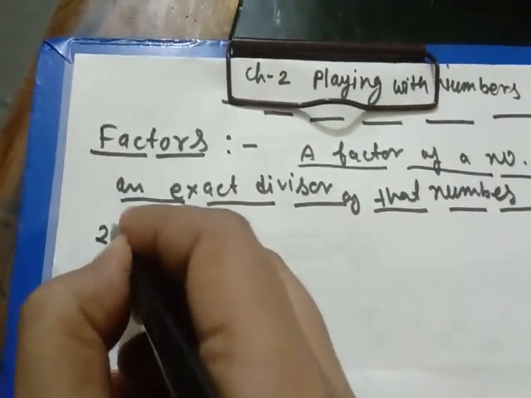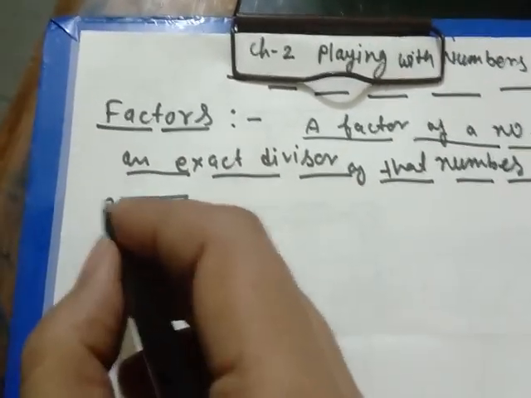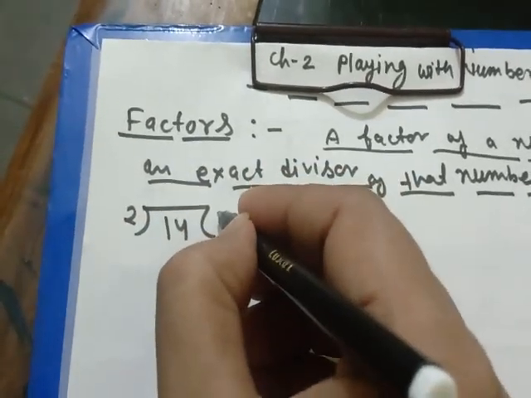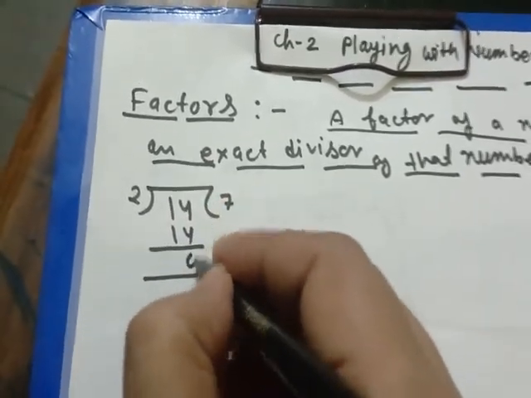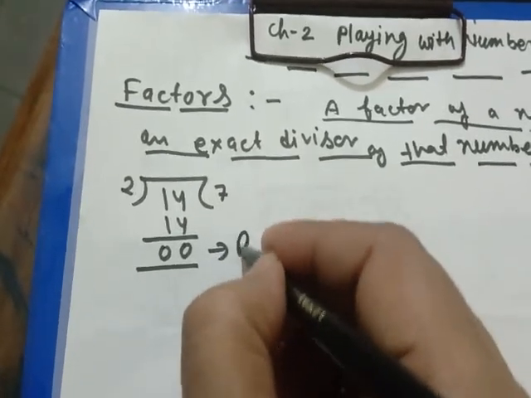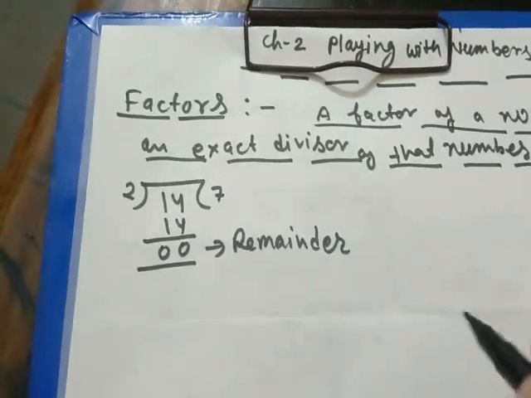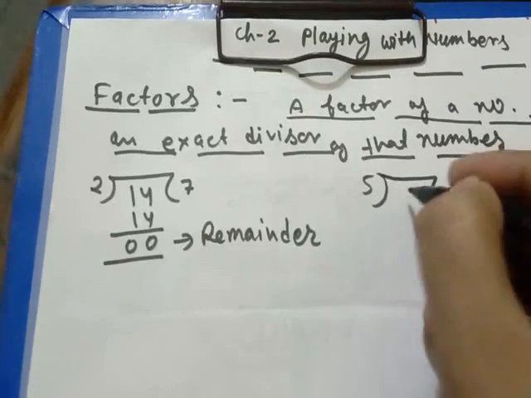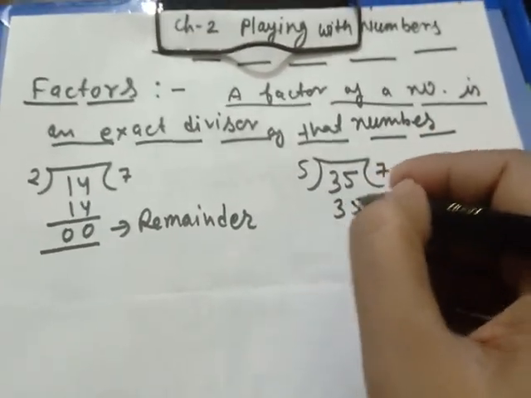Suppose that I have taken this number and this is divisor, this is quotient. Now divide the number 2 7 ja 14. You can see after subtraction we have remainder 0. This is remainder. Again taking another example, 5 7 ja 35.